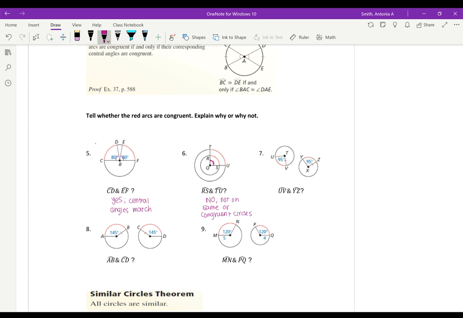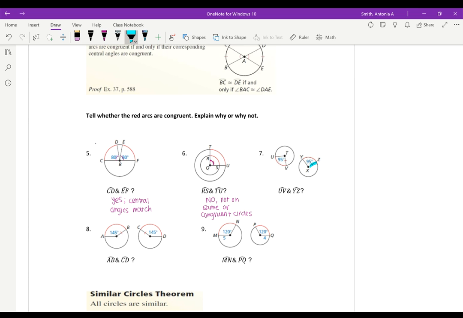Now number 7, UV and YZ. So first we need to check, are they either on congruent circles or the same circle? Well, they're definitely not on the same circle, but are these two circles congruent? The way we can tell is, do their radii match, or is the radius the same thing on both circles? So let me highlight here.